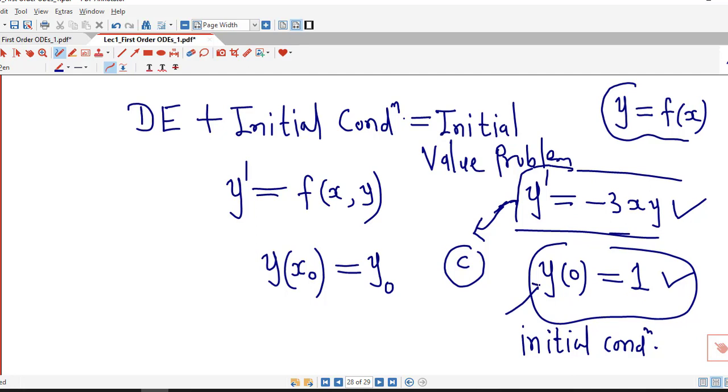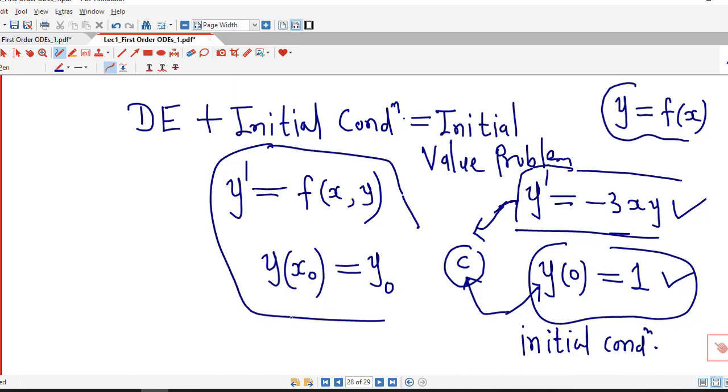So here we will use this initial condition to determine the value of arbitrary constant from the general solution. So for initial value problem, we will always have particular solution. We will find out value of arbitrary constant in the general solution using this initial condition. So that solution whatever we will obtain, that will be particular solution.